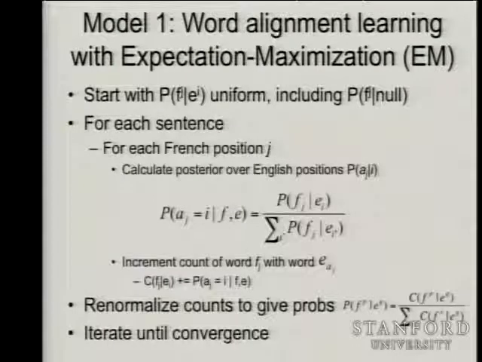So in some sense, its character is very like a 1950s machine translation system, where the way you translate is you come to the next word, you look up in the dictionary the possible translations, and the only difference is we have a probability distribution over possible translations rather than just a list in the dictionary.